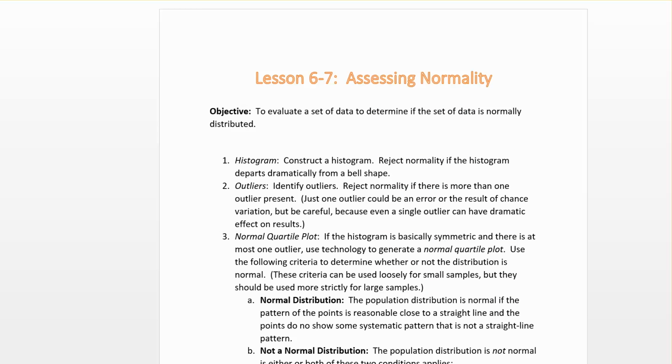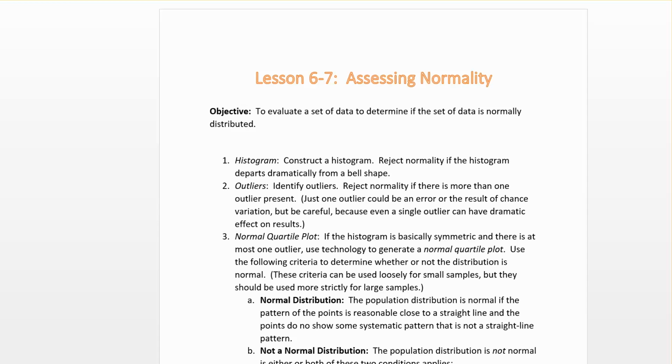In summation, this lesson was on assessing normality, trying to look at a set of data to determine if the set of data or the population is normally distributed. Remember, first we wanted to look at a histogram. Can we tell by a histogram what the shape of the curve might be? Second, we had to identify whether there were any outliers. If there was more than one outlier, we were going to say it was not normal.